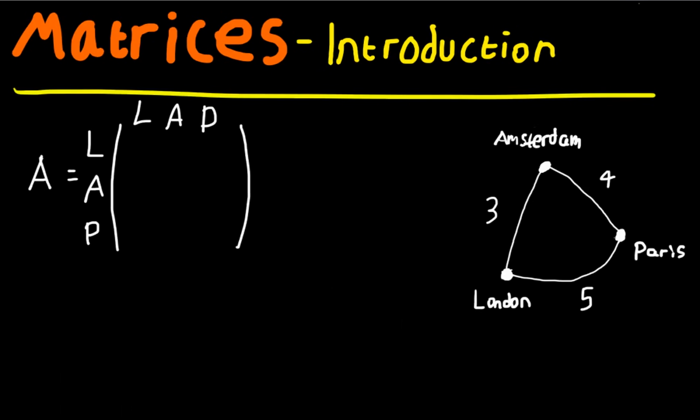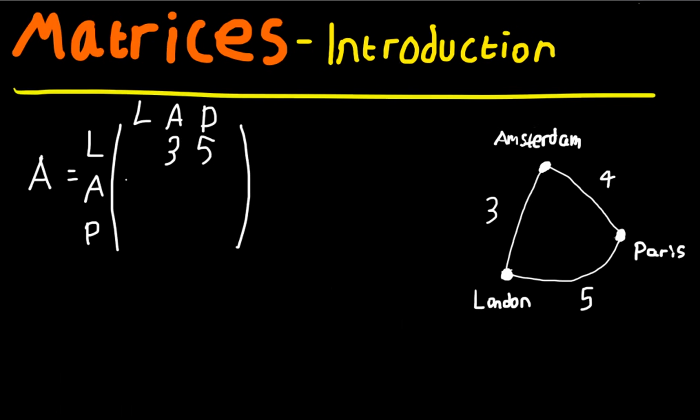Right. So let's consider all the flights incoming and outgoing from London. Between London and Amsterdam we have 3 flights, so write 3 here. From London to Paris we have 5.